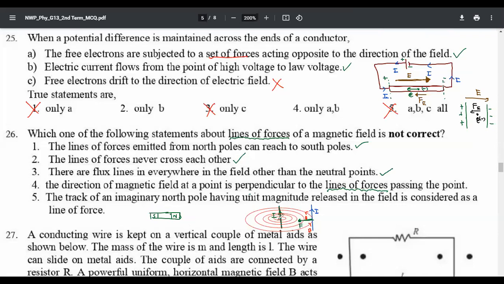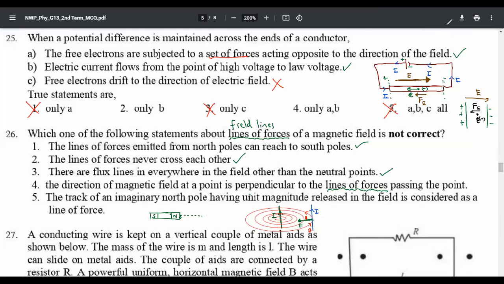The fifth doesn't make sense. Unit magnitude means one. Okay, fine, whatever. The fourth looks like the answer to me, and by line of forces, I think they are talking about field lines. Might be a problem with the translation.